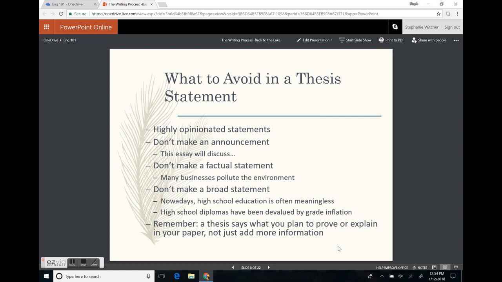Typically, the thesis goes in the very middle or end of the introduction, after you give whatever background information you're giving. Most of the time, your thesis should be the very last sentence of your introduction, because the idea of the introduction is, here's some background information, then you give your thesis, then you move into the body where you actually give us the information.